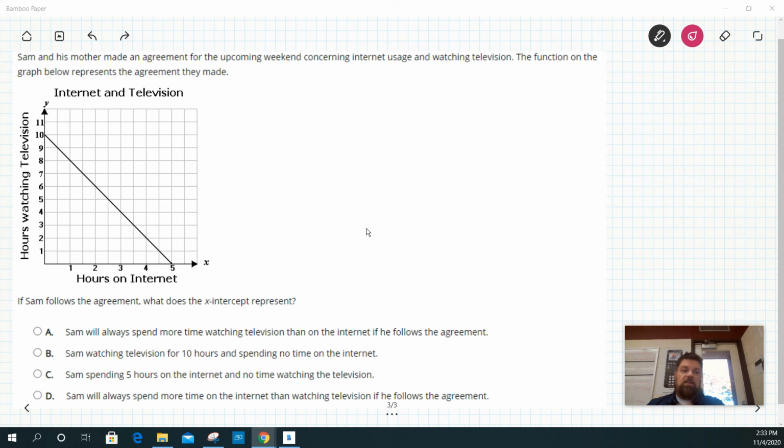Okay. So let's try to figure out what the graph of this thing is. We know that X represents the hours of internet. We know that Y represents the hours of TV. And let's write an equation.